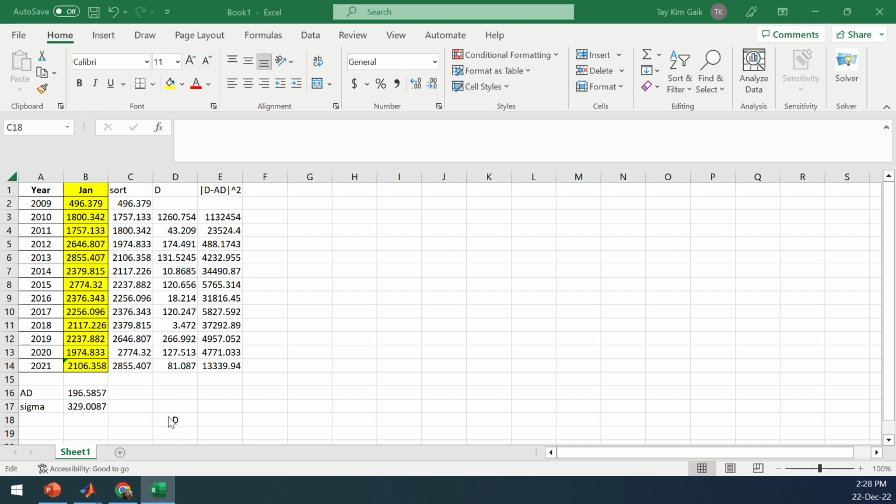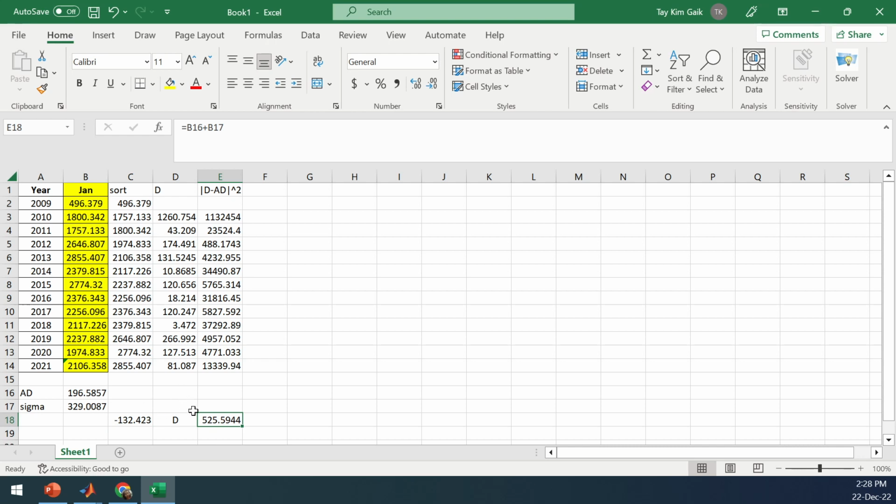In the average distance, the lower limit will be the average distance minus the sigma, and the upper limit will be the average distance plus the sigma.